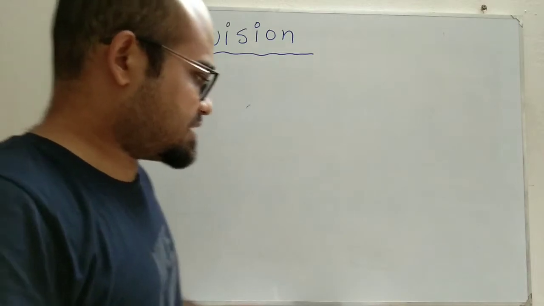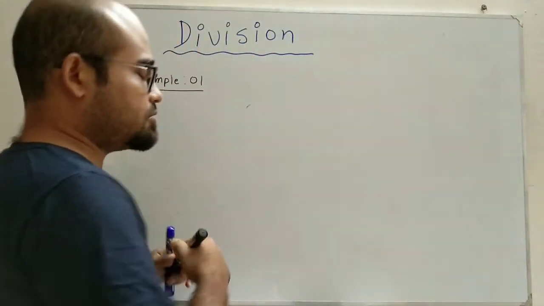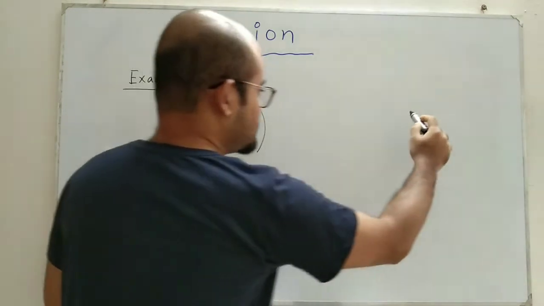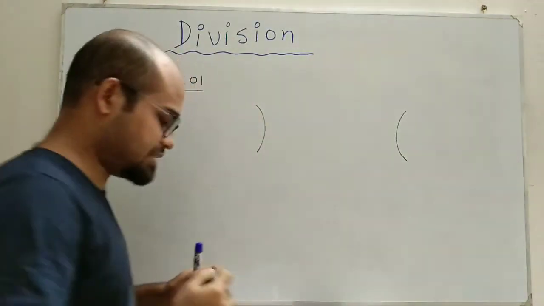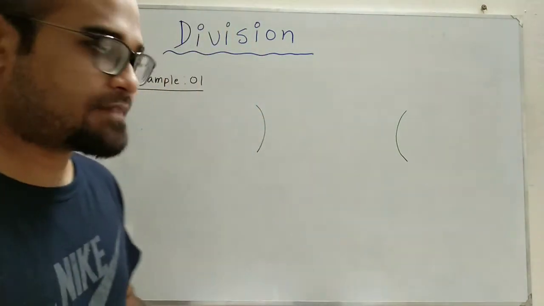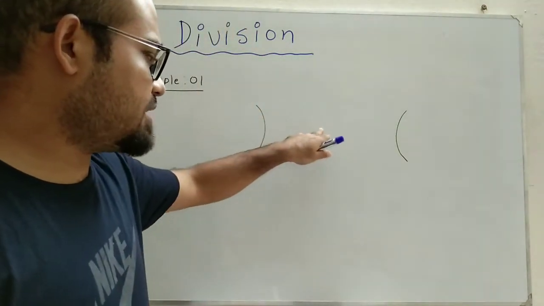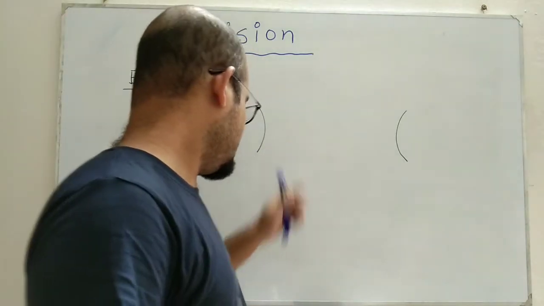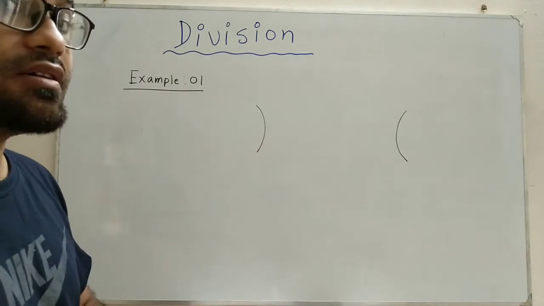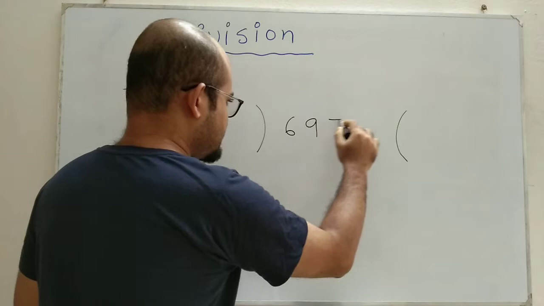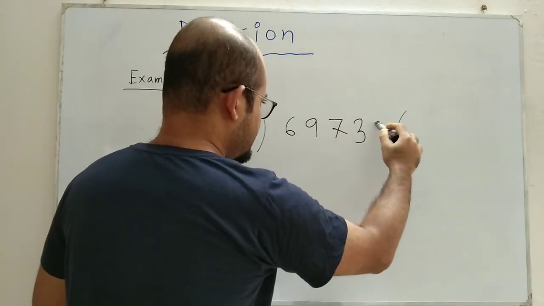As the first step in division, we will have to write something that resembles two inverted brackets. In between the inverted brackets, we will be putting our dividend. So what is our dividend? 69,738.